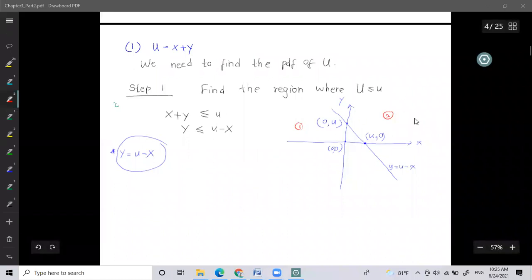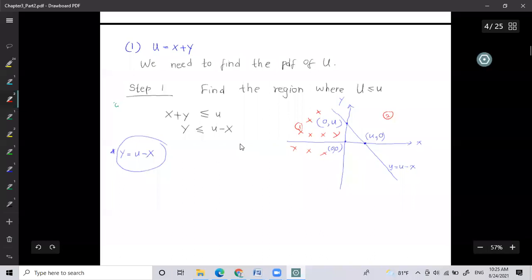And if you put a point from region 2 into this equation, you will find that it does not satisfy. So from that you can see that the region where Y is less than or equal to u minus X is region 1. This is the area which satisfies this inequality. This is the region.